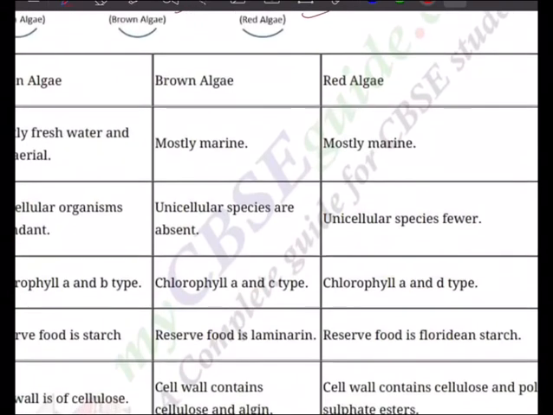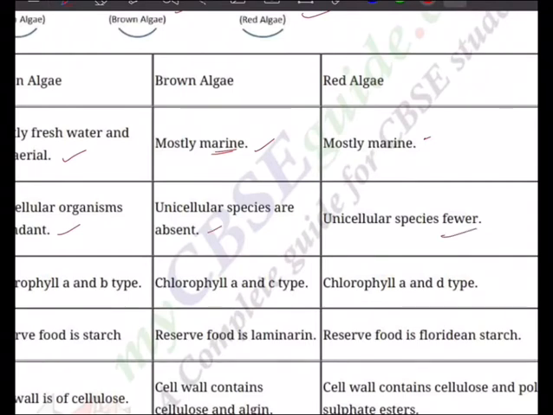So how do you differentiate them? Green algae are mostly freshwater and subaerial; brown algae are mostly marine. Marine means sea. And red algae are also marine. Of course, you remember your geography teacher telling Red Sea, remember? So mostly marine. In green algae, unicellular organisms are abundant. In brown algae, unicellular species are absent.